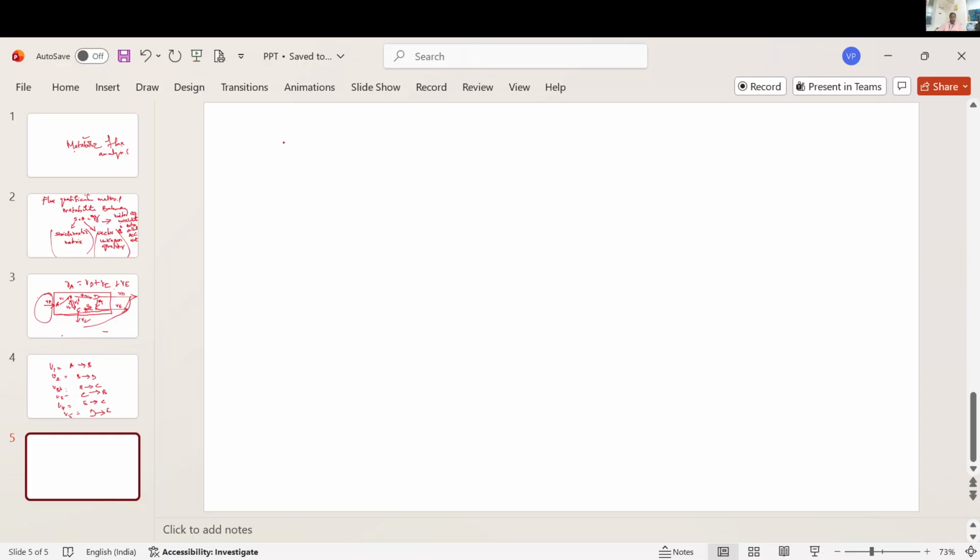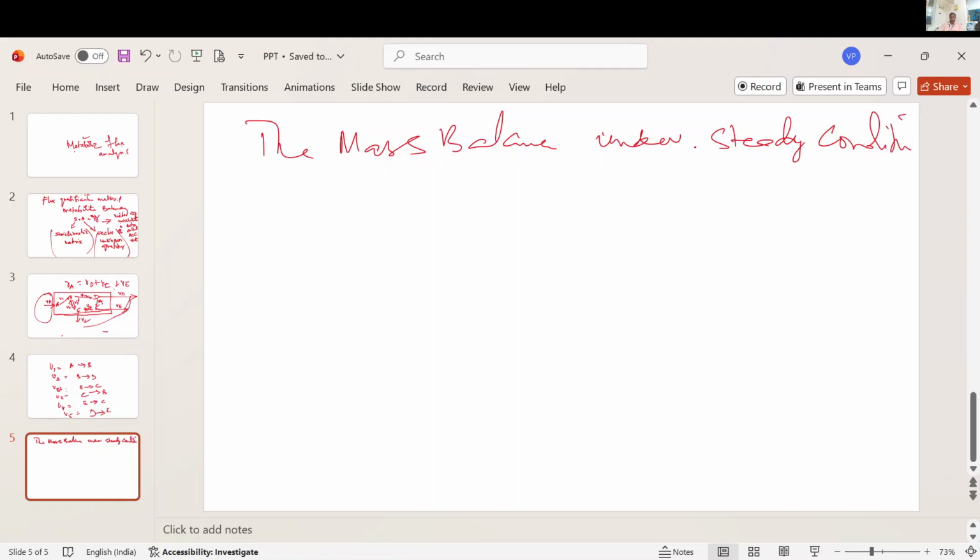So when you are writing the mass balance of this, the mass balance under steady state condition, for the reactant we will consider the node as node A: minus RA equal to V1.